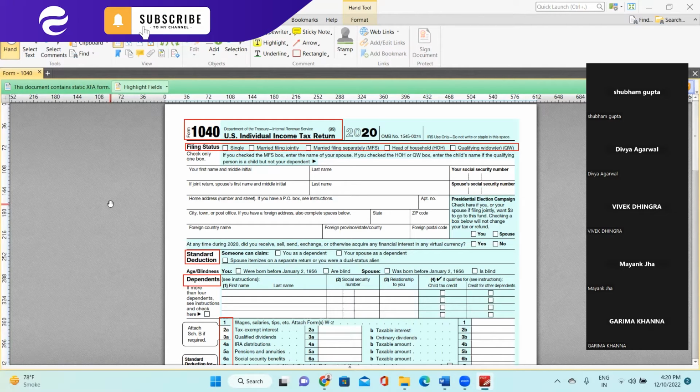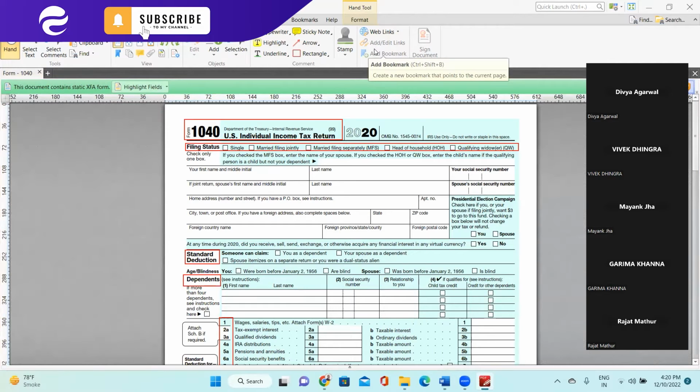In that you will see what my filing status was, whether I was single, married filing jointly, married filing separately, head of household, or qualified widower, right? You can look at that information from the previous year tax return, and then inquire whether there is any change.